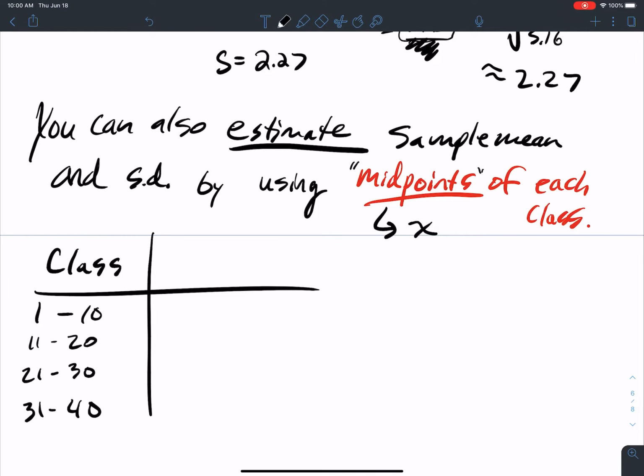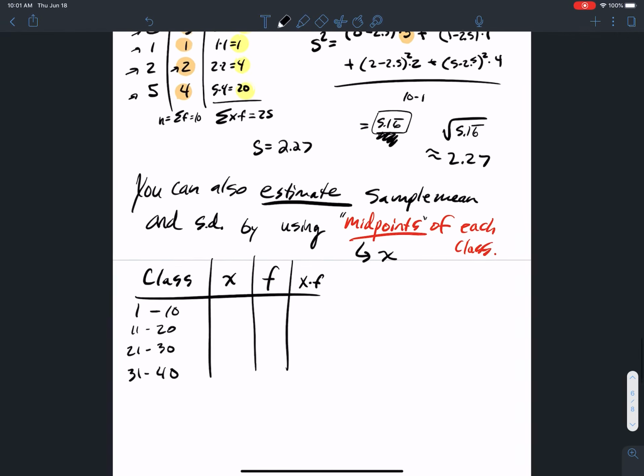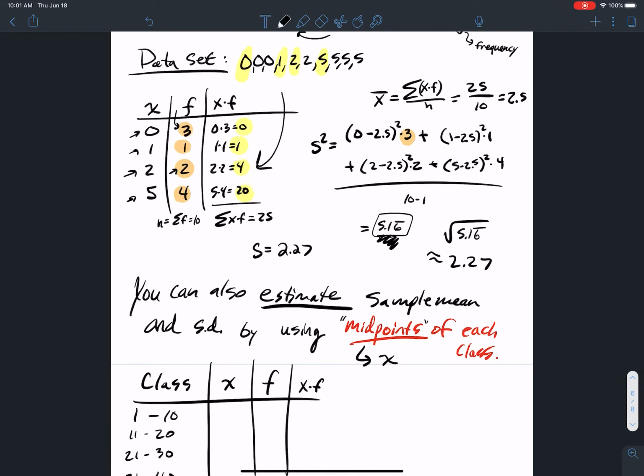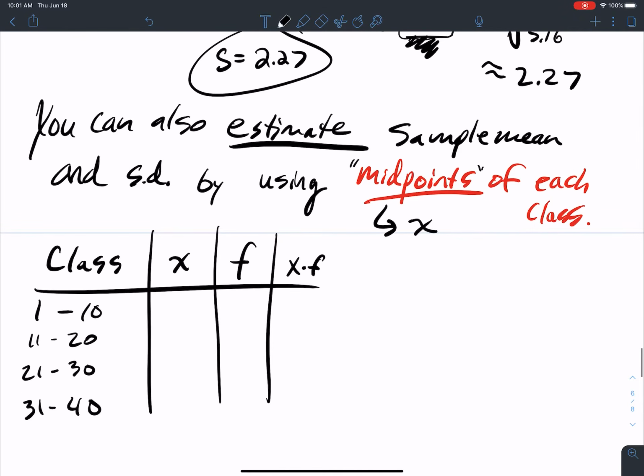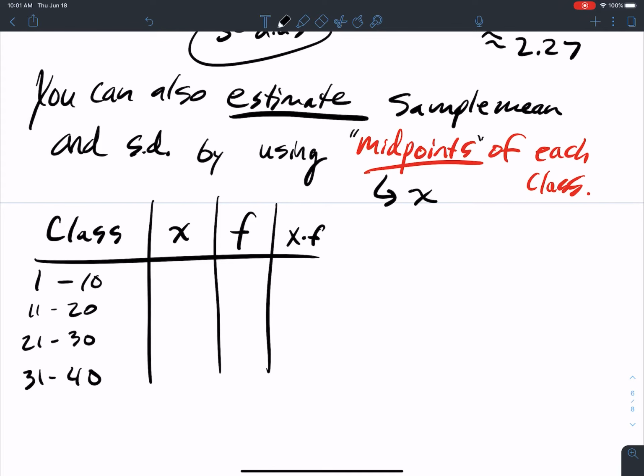Okay? So we need an x value, we need an f, and then we need an x times f. And if we have that, then we can calculate all the things that we need to get to the standard deviation and our sample mean. Okay? So let's try it out.